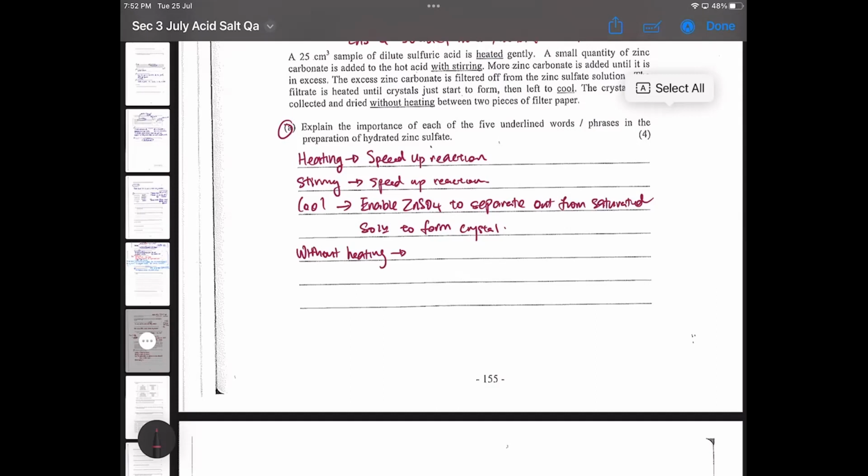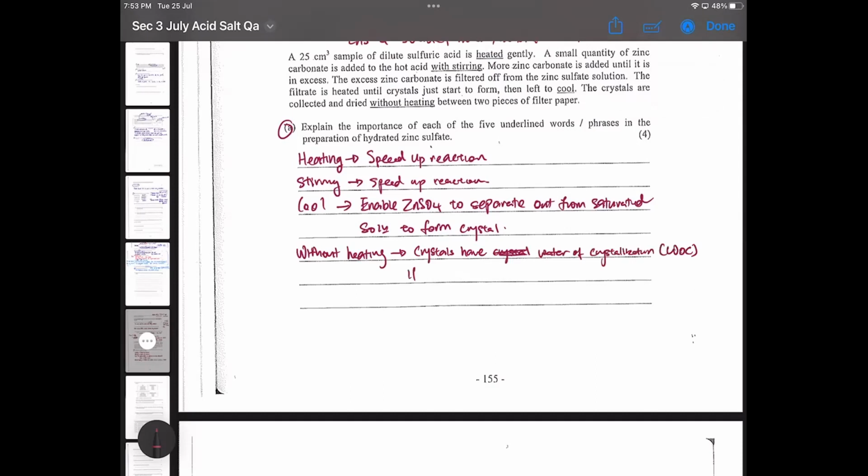Okay, the reason is because crystals have something called water of crystallization, which appears again today. I will call it WOC, water of crystallization.